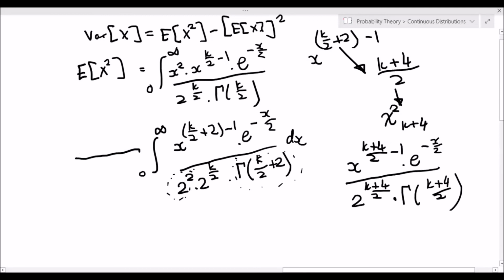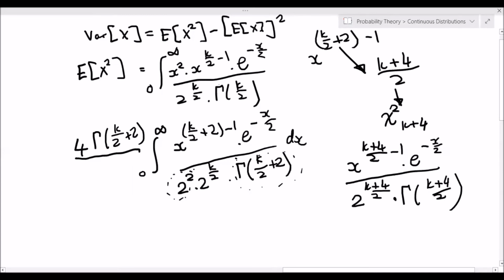So if we divide by 2 to the power 2, that means we're going to have to multiply by it over here. If we divide by the gamma of k/2 plus 2, which is the same as the gamma of (k+4)/2, then we're going to have to multiply by it as well over here, gamma of k/2 plus 2.